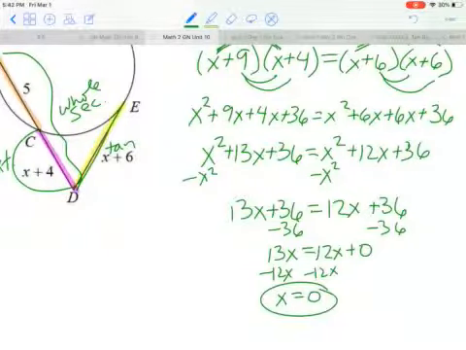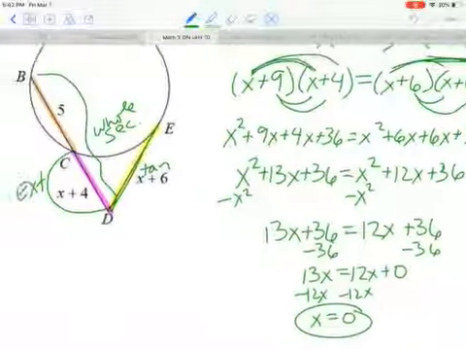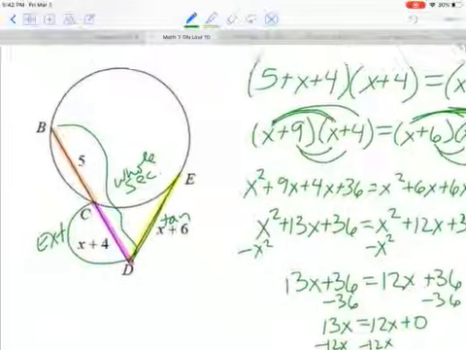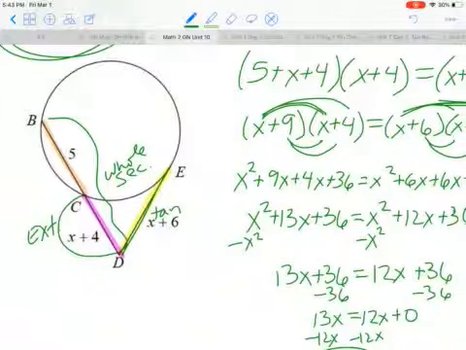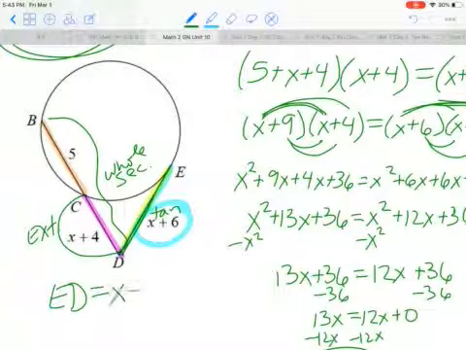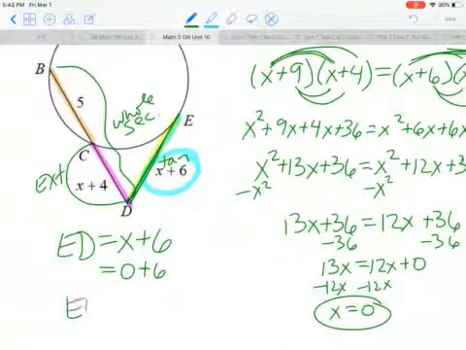You can get a negative x, you can get a decimal x, all those work. And when you get x is 0, look back. Do we have to do anything else? Oh yeah, find ED. So if you look back here, E to D, what's that? So ED is x plus 6, which is 0 plus 6. So ED is 6.